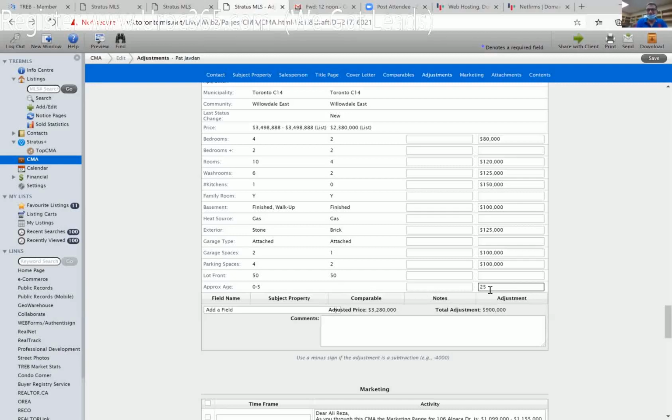Right? All these things. Now you see total adjustment 1,150,000 here. How is the price if you want to compare this one to the old house? 3,530,000. How is the asking price? What was the asking price?